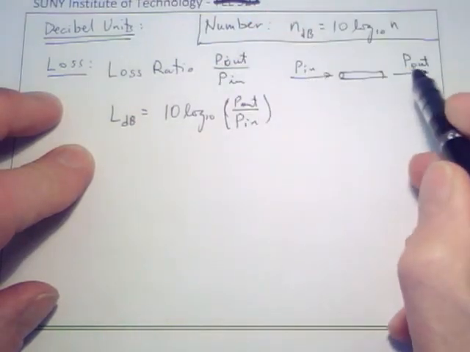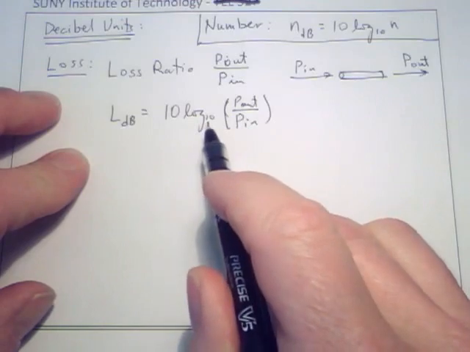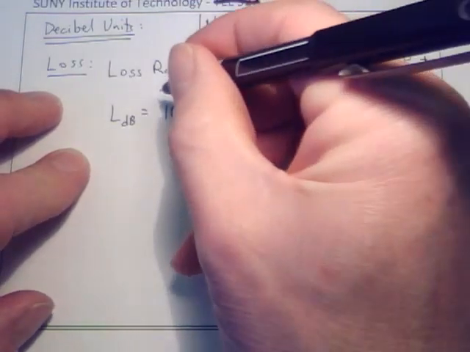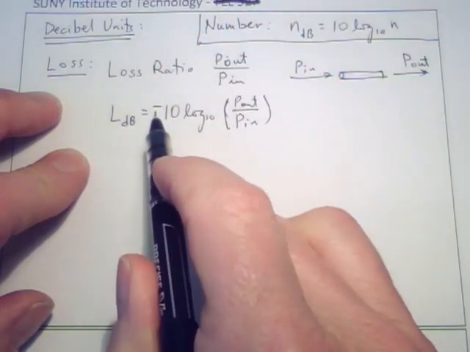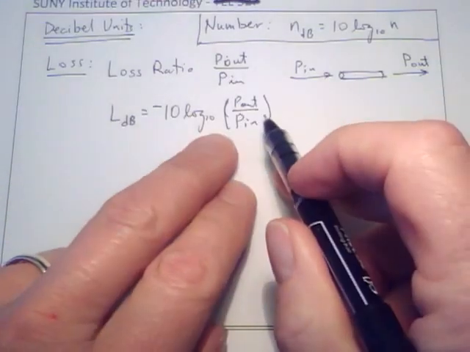Because P out is less than P in when we have actual loss, taking the log yields a negative number, and we want our loss to be a positive value, so we put a minus sign here.